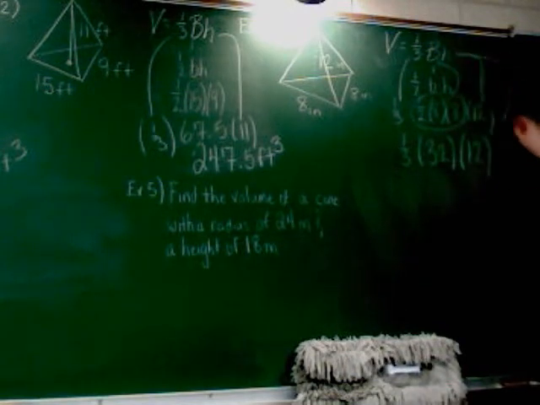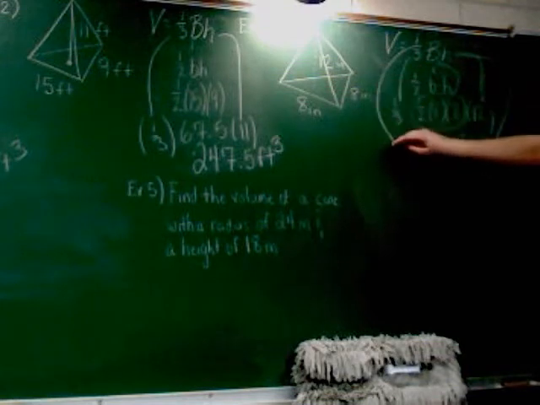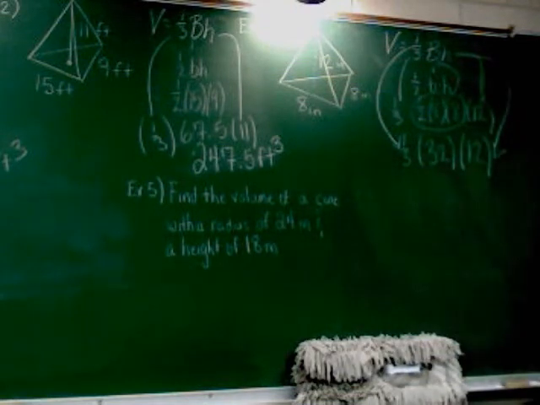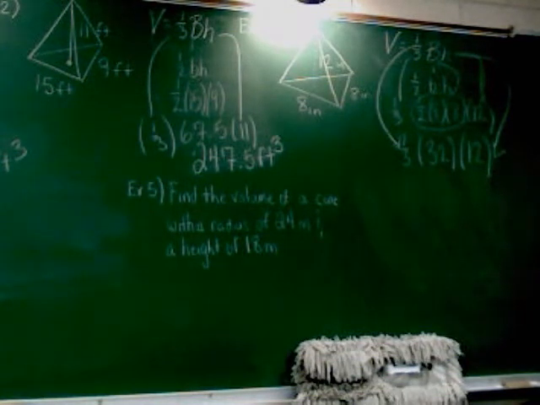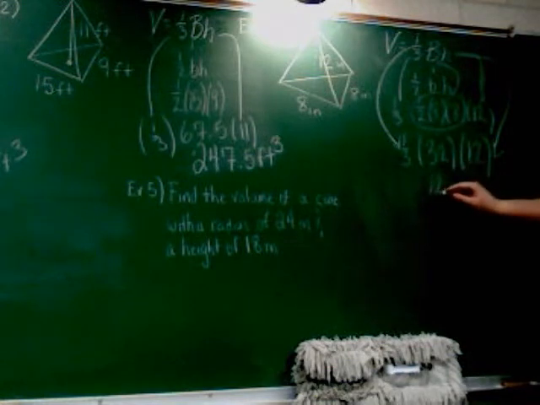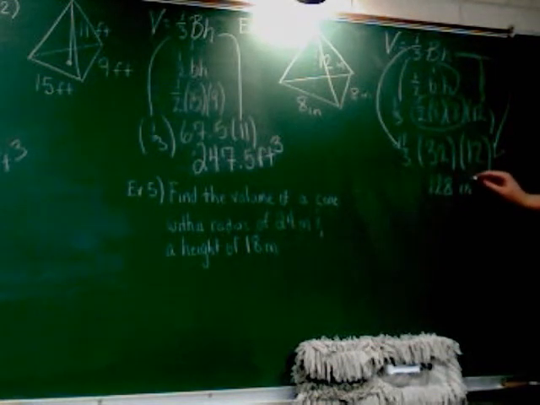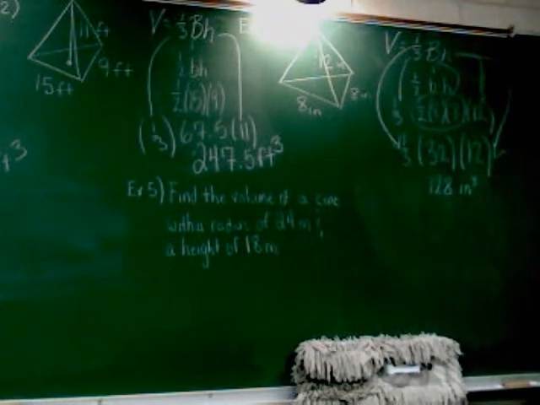Again, 12 is the H from the end, the 1/3 is in the front. Is that what you wanted to see, Nick? Yes. I figured it was. So we're doing a third of 32 times 12, or in other words, the same thing as 4 times 32. 4 times 32 is going to give you 128. And that's going to be inches cubed.